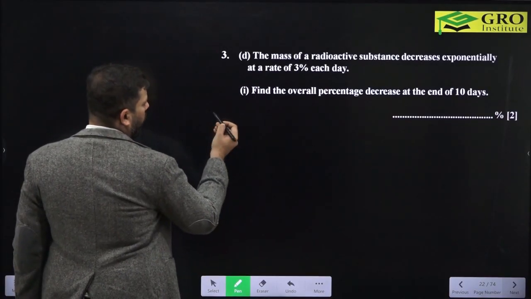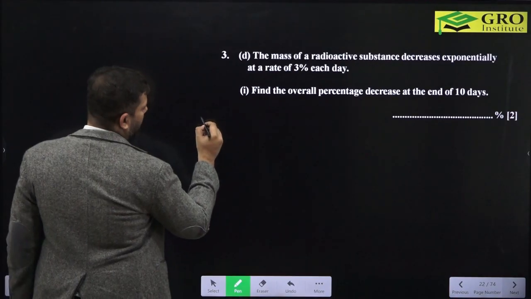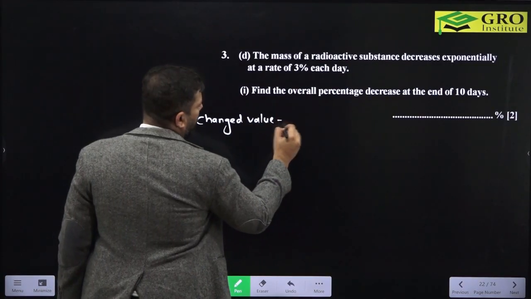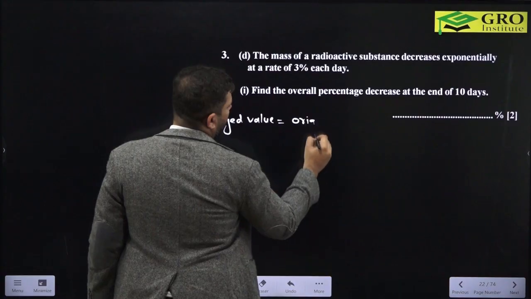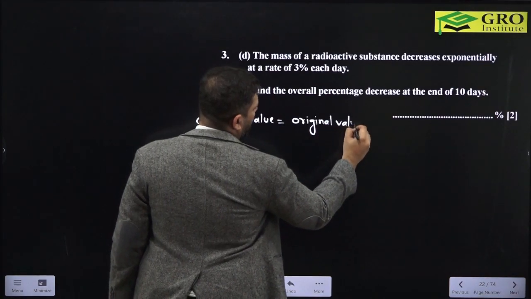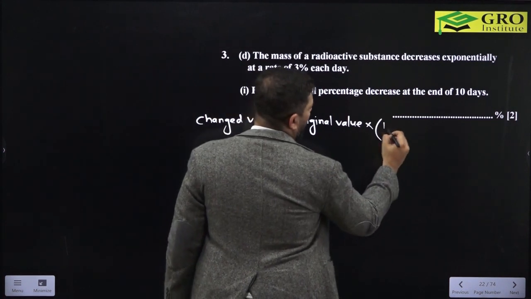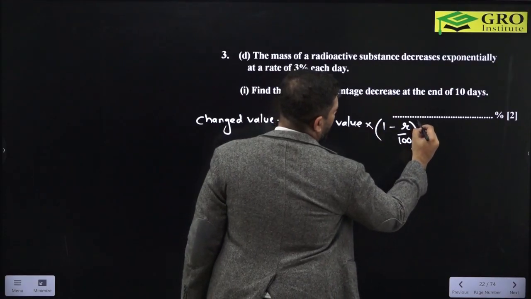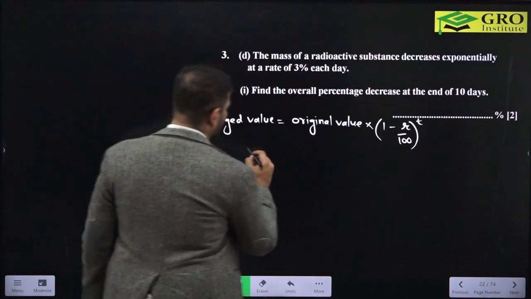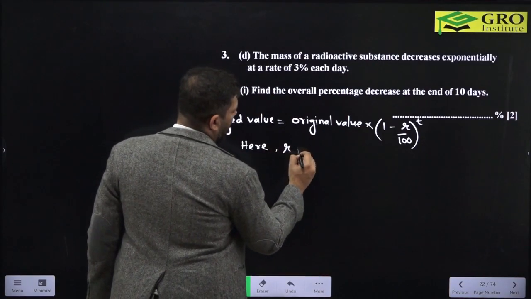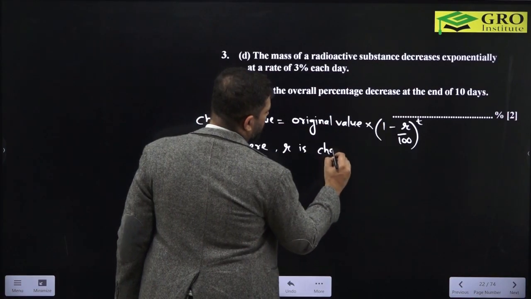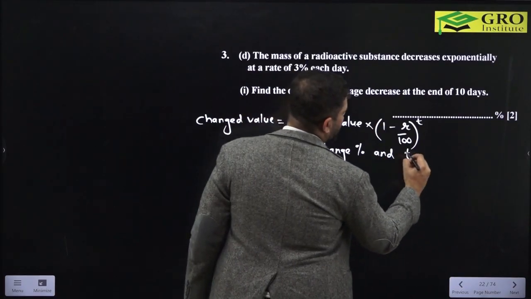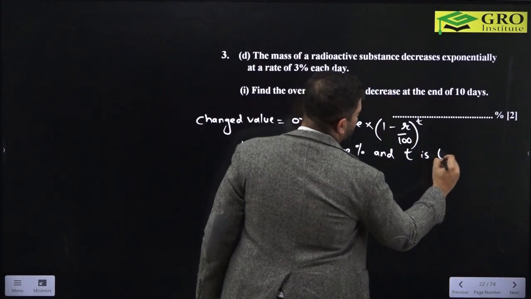We know the formula for that would be, or I should say the changed value, the changed value would be equal to original value multiplied with 1 minus rate percent of change, that is R by 100, raised to power T. Here R is change percentage and T is time.